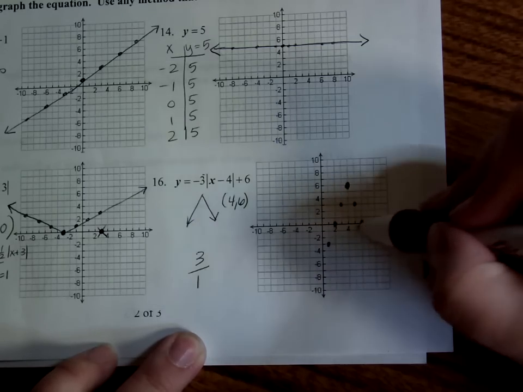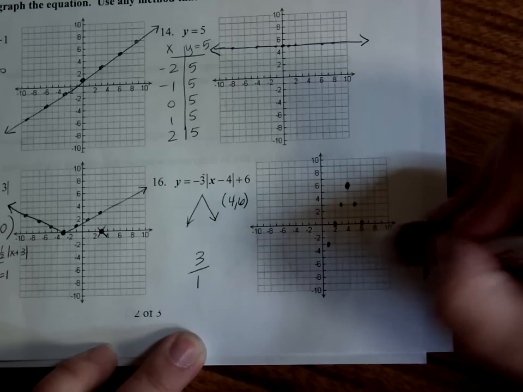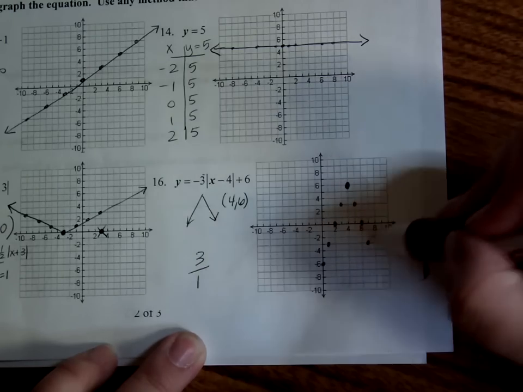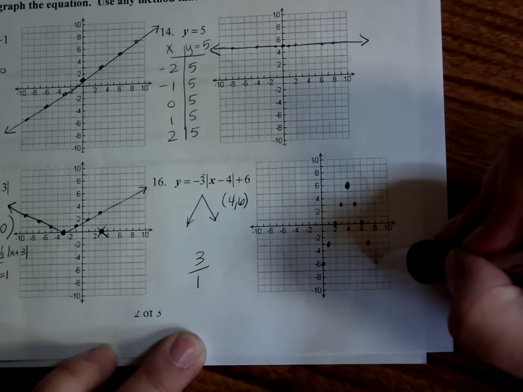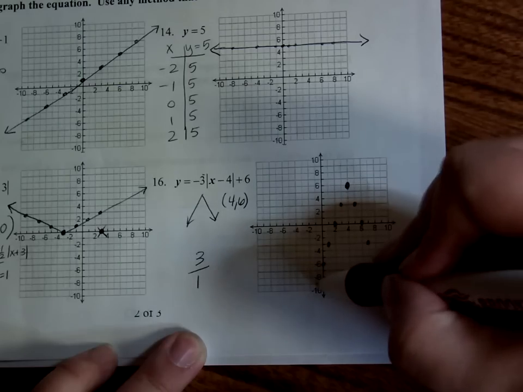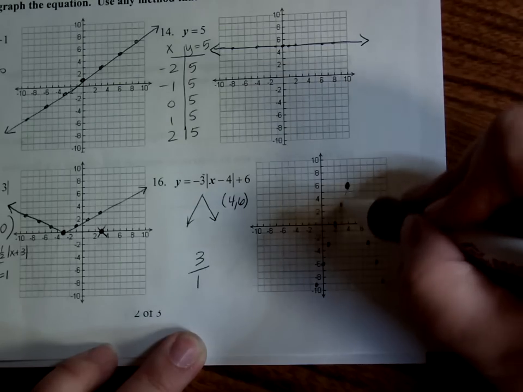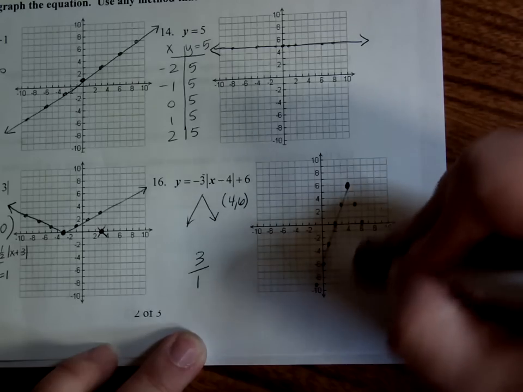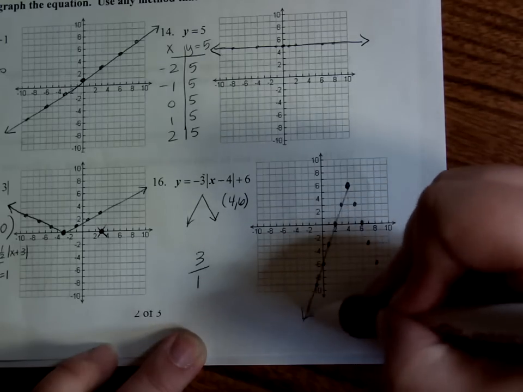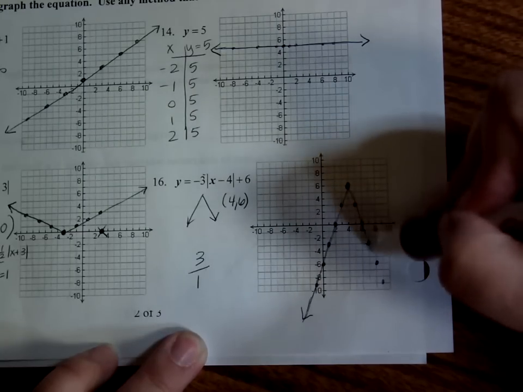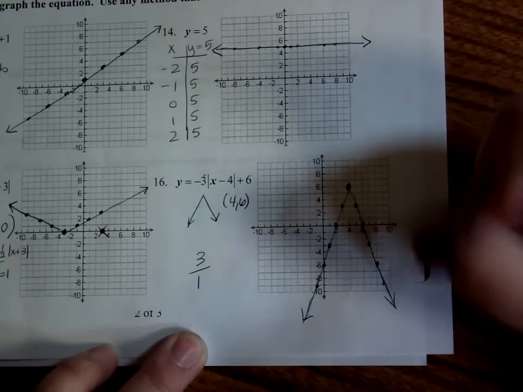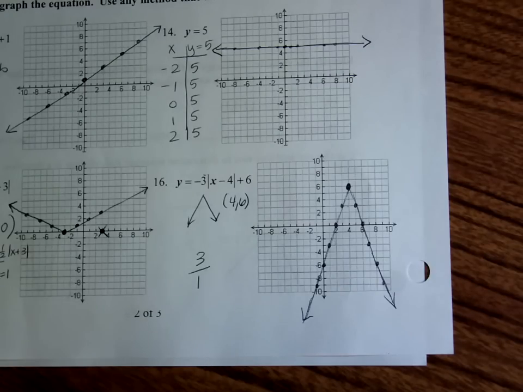One has a positive slope, one has a negative. 3 over 1, down 3 over 1, and this is my pretty little V. Again, if you get confused about where it's going, plug in an x, find the y, and put a point there. Plug in a different x, find the y, and put a point there, and so on.